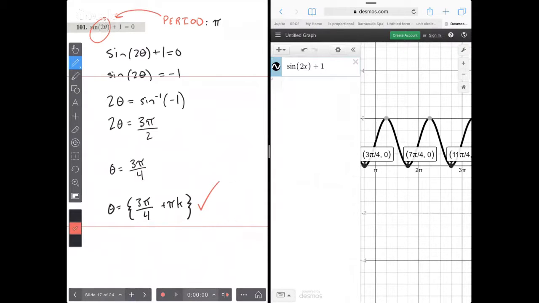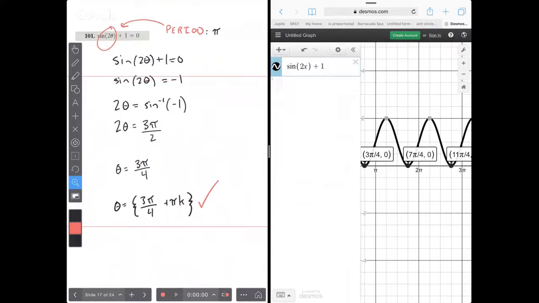Should we do it for this function? Jasmine agrees. Oscar agrees. Do you want to do it for sine of 2 theta plus 1? Or some other function? Let's do sine of 2 theta plus 1, because we're on this page.